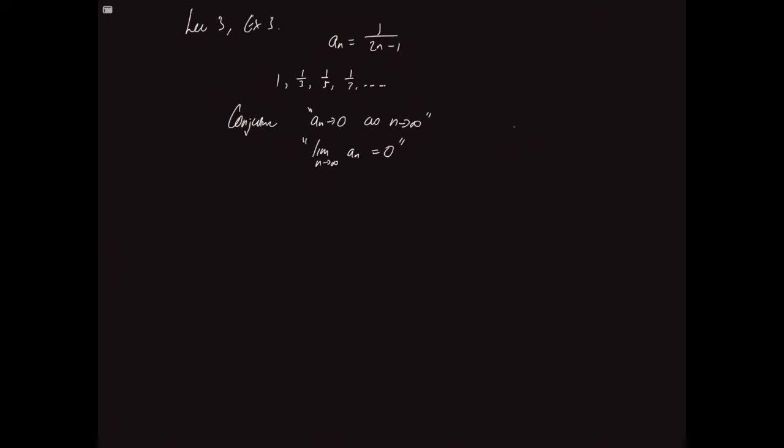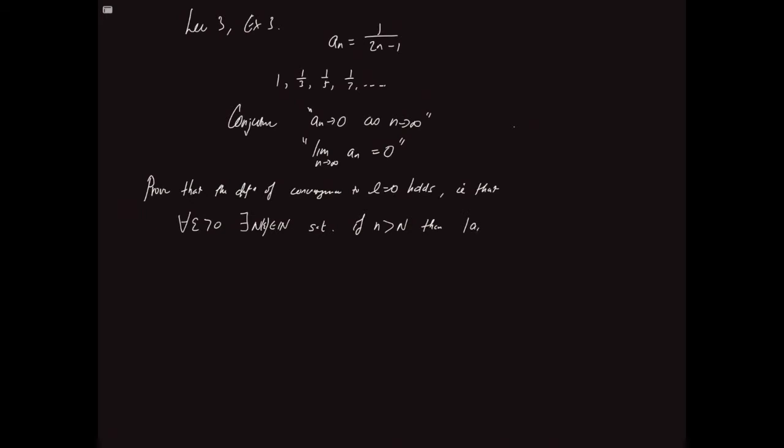So if we want to prove that, we've got to prove that the definition of convergence to L equals 0 holds, i.e. that for all epsilon greater than 0, there exists some capital N, element of the natural numbers, maybe that capital N depends on epsilon, such that if little n is bigger than capital N, then the difference between the nth term of the sequence and that limit L, which actually, I'll write in the actual value of 0, is less than epsilon.